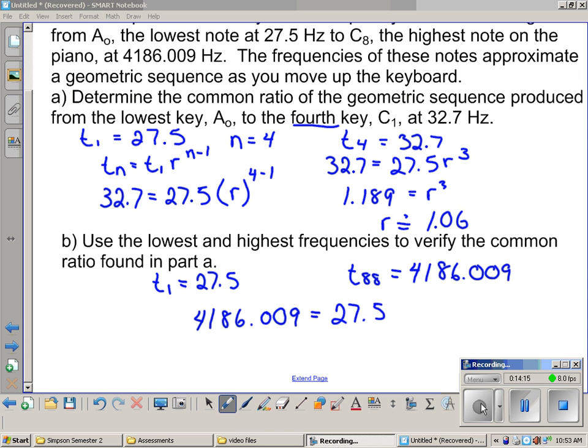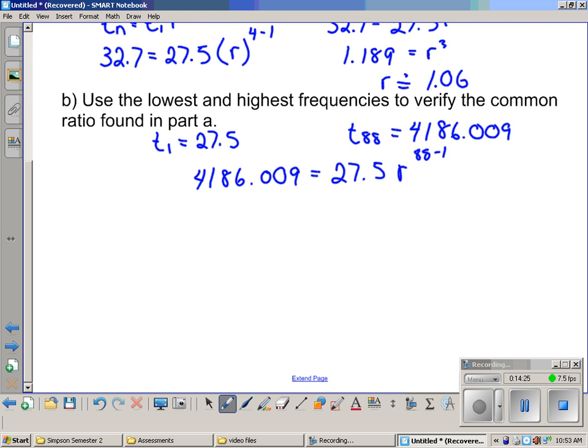So we have 27.5 times R to the n, which in this case is 88 minus 1. To get R by itself, we can divide both sides by 27.5. I'm going to keep all my decimals because I'm working with approximate values.